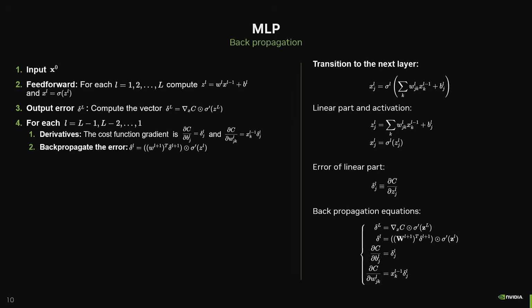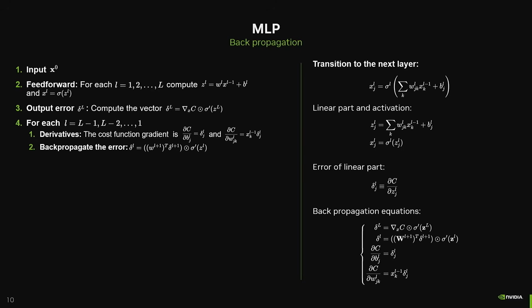So we start with some input. We do feed forward, where we compute those linear parts and apply activation functions. And at the end, we calculate the output error, which is per-component multiplication between the derivative of the activation function for the last layer and the gradient of the loss function by the output of the last layer.